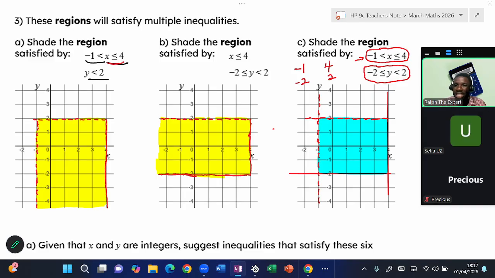It is included when it's a solid line, or when the symbol has an equal to, that is greater than or equal to, less than or equal to. It is excluded when the line is broken, or the symbol is greater than or less than. Does that make sense to you?